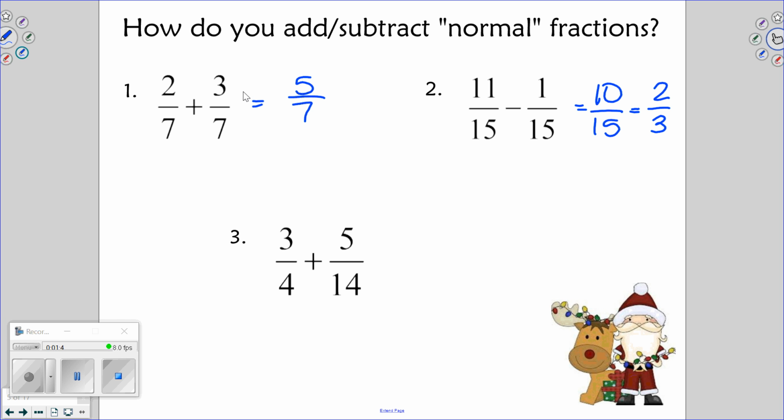Now for this one though, 4 and 14, I can't turn 4 into a 14. So what would be the common denominator? Guys, I need you to pay attention, please. So what should the denominator be so that I can make them both the same? It'd be 28.